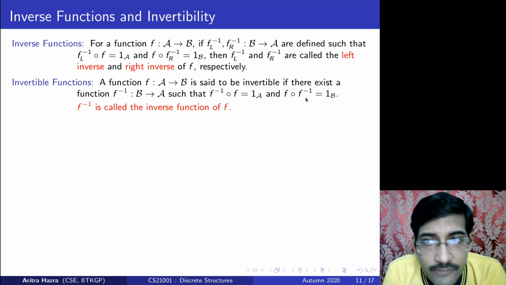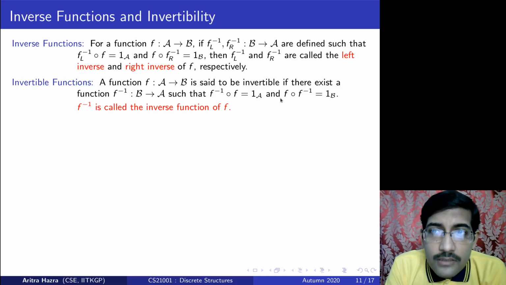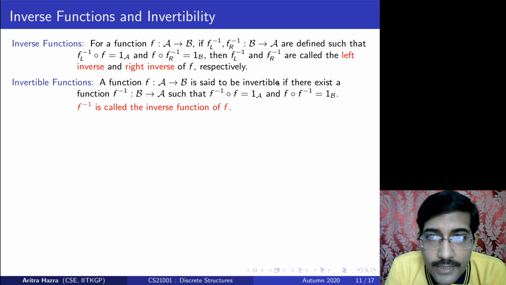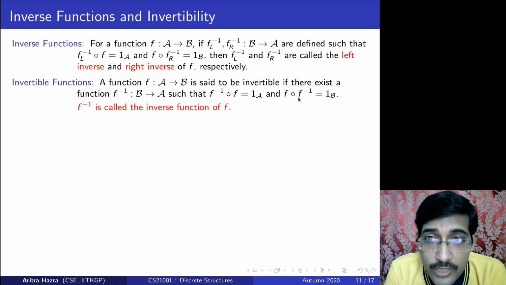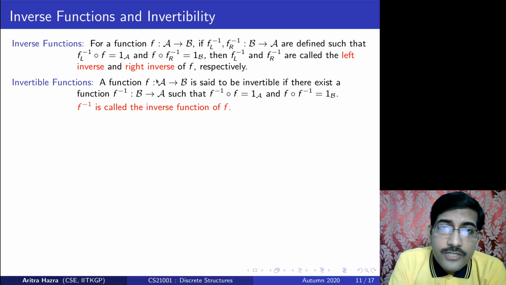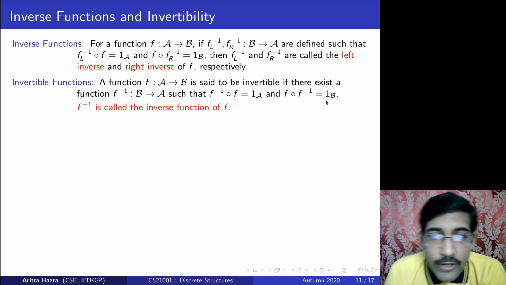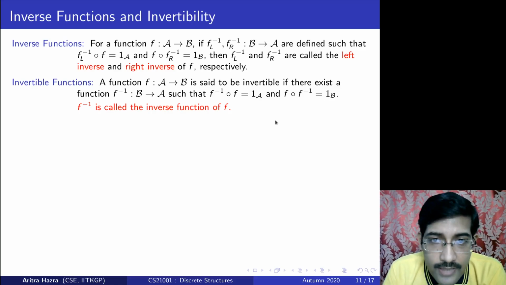As the definition says, the inverse composed with f will produce the identity, as per the inverse function's behavior. But the only thing that I have not proven yet is that the inverse should be unique. So a function is invertible if I reverse the map and get a function whose two-sided composition produces the corresponding identities. We call that function f inverse, the inverse function.